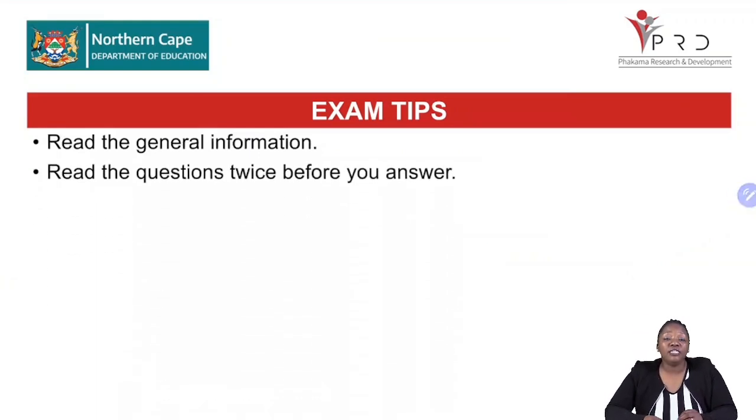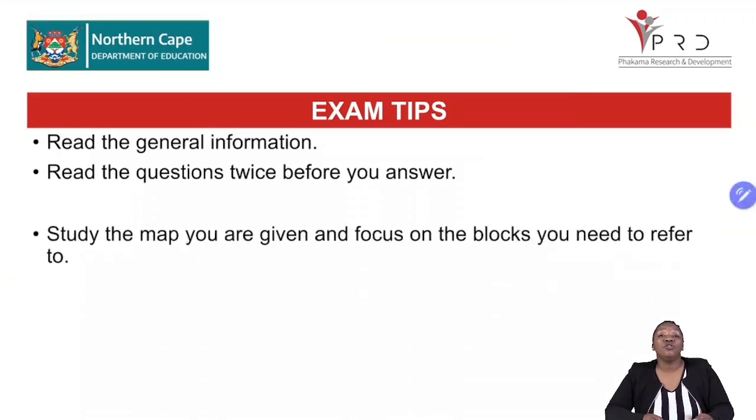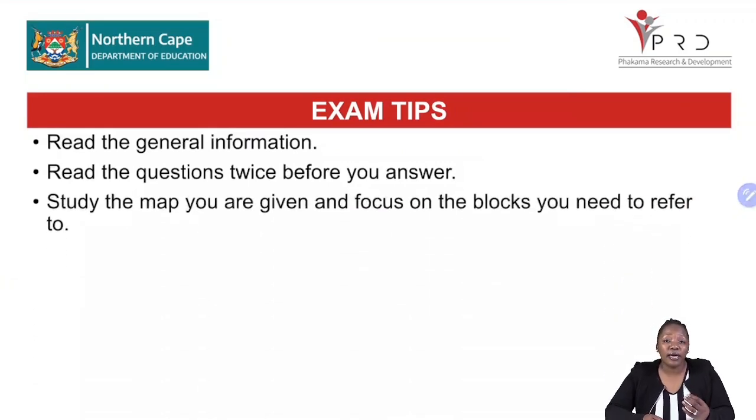And then after that, you need to read the questions twice before you even answer. Read the question and then you read the question again. We also emphasize that you underline the action verbs, whereby it says explain, whereby it says account, whereby it says give or state, so that you can get a clear understanding of what you should do in that question.